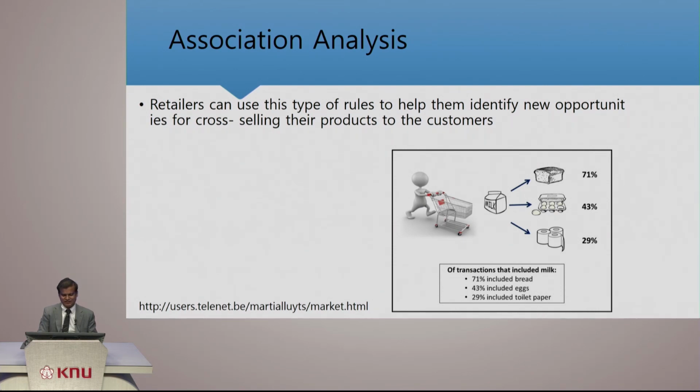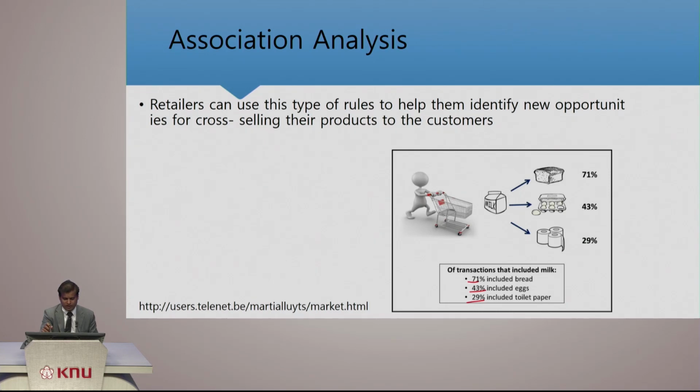As you can see here, for the transactions that include milk, whenever a customer buys milk, 71% of the time he also buys bread, and 43% he includes eggs, and 29% he includes toilet paper. So that is the association among all these 4 different objects. In other words, they are related to one another.